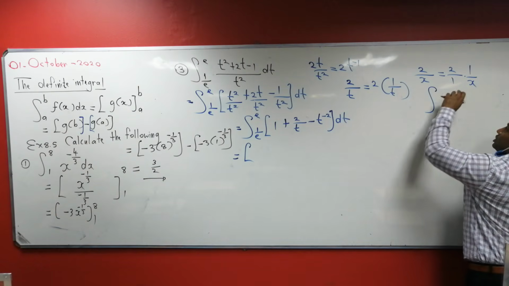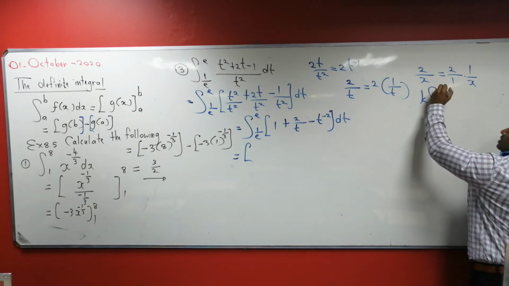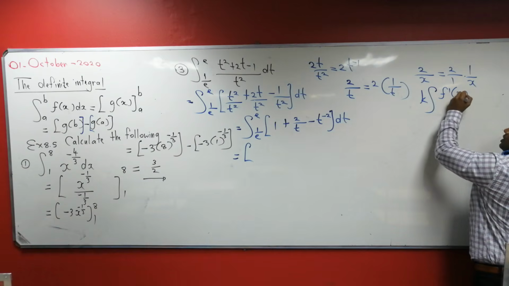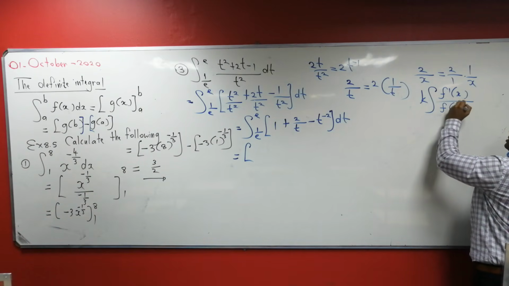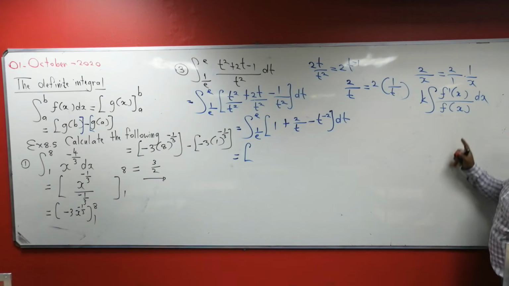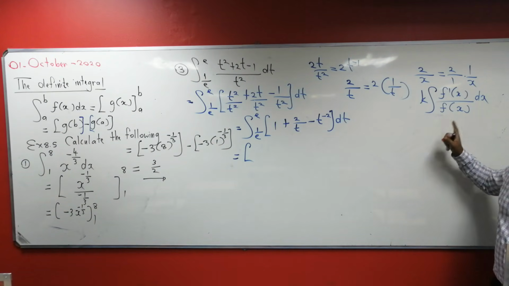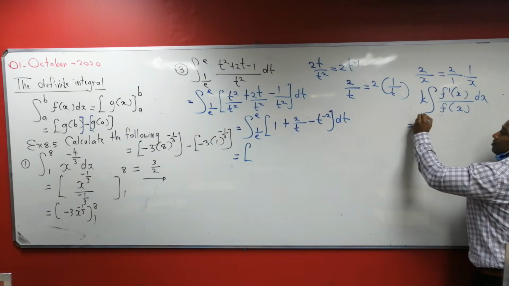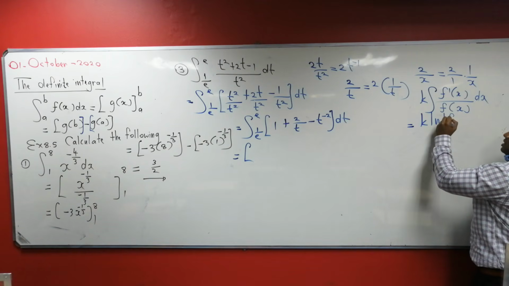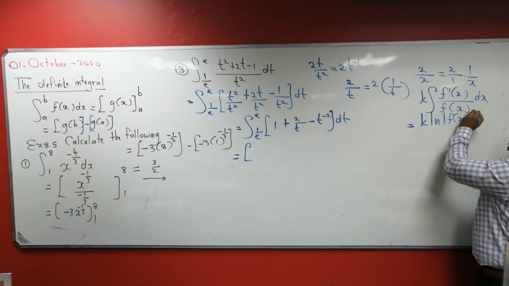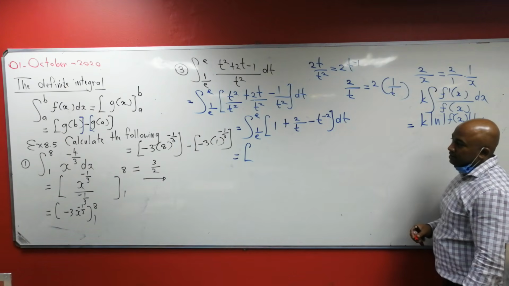Remember, why do we do this? Because we want to use the formula, this is it, where the numerator is a derivative of the denominator. Right, then the answer is always ln absolute value of the denominator plus c.